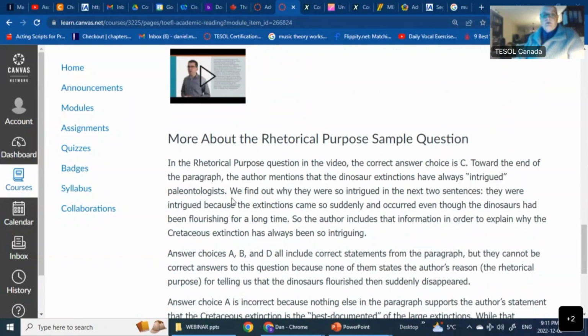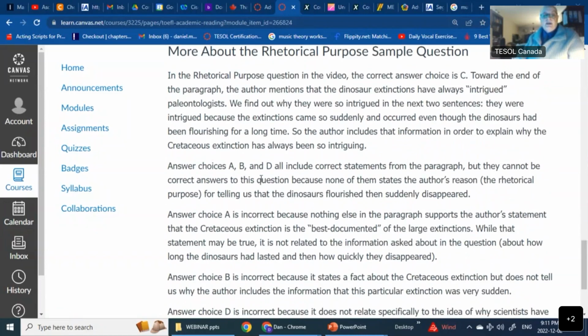We find out why they were so intrigued in the next two sentences. They were intrigued because the extinctions came so suddenly and occurred even though the dinosaurs had been flourishing for a long time. So the author includes that information in order to explain why the Cretaceous extinction has always been so intriguing.